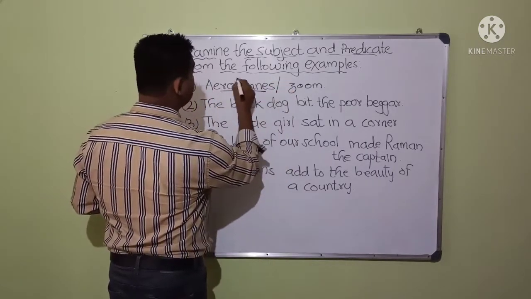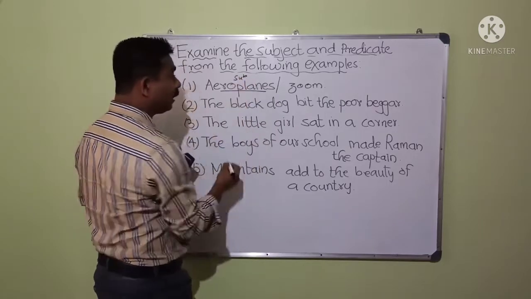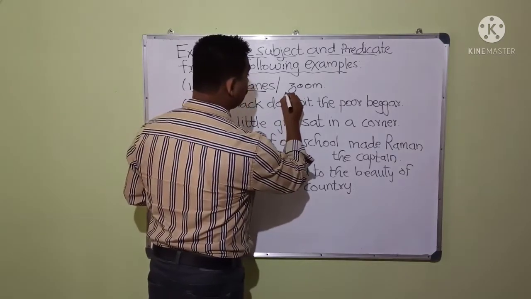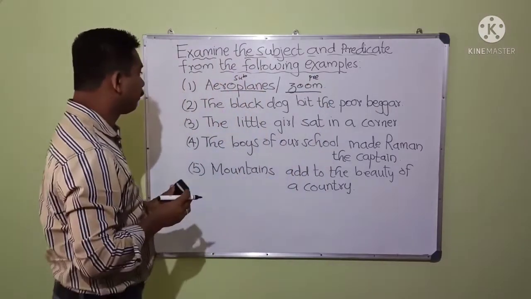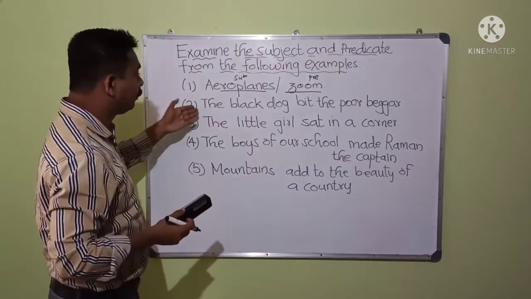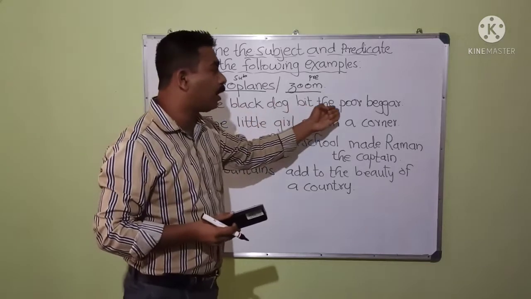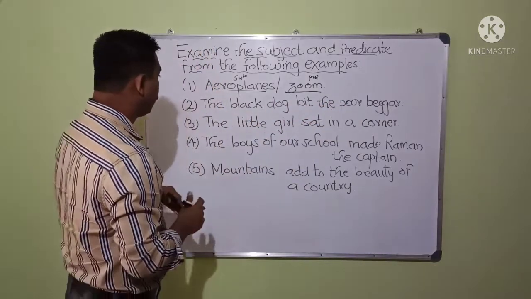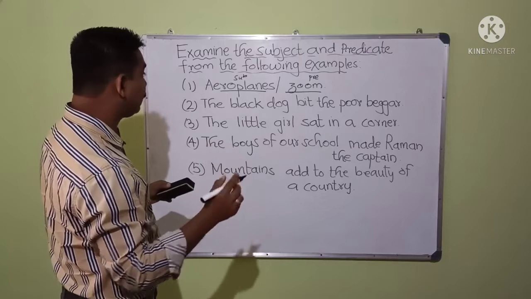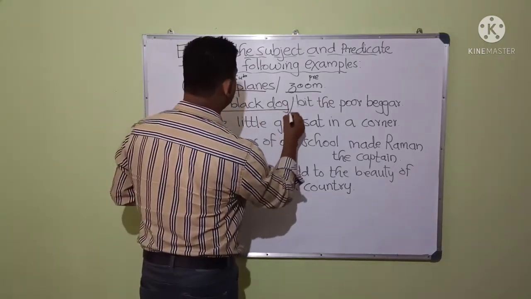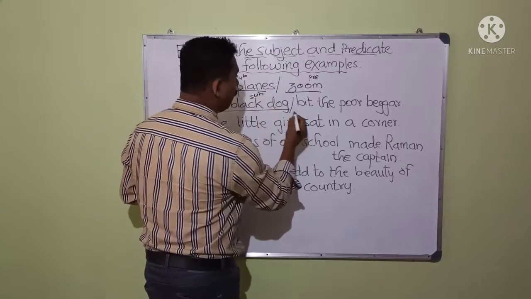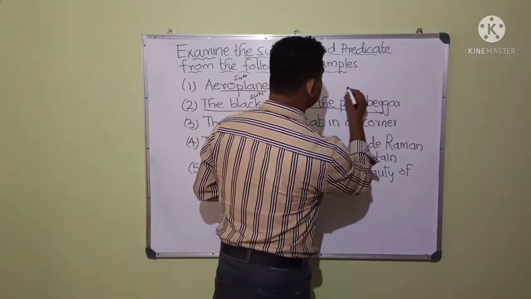So aeroplanes is the subject and the word zoom is the predicate. Then the second one, the black dog bit the poor beggar. The sentence says about the black dog. The black dog is the subject. Bit the poor beggar is the predicate.